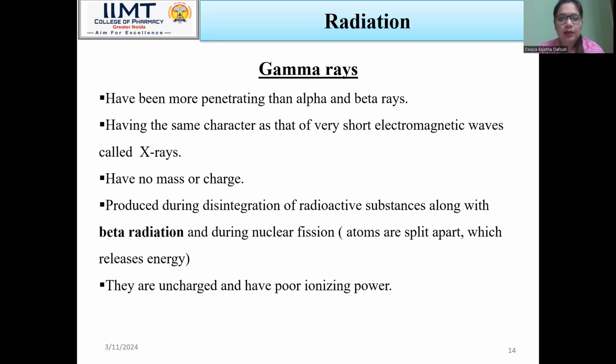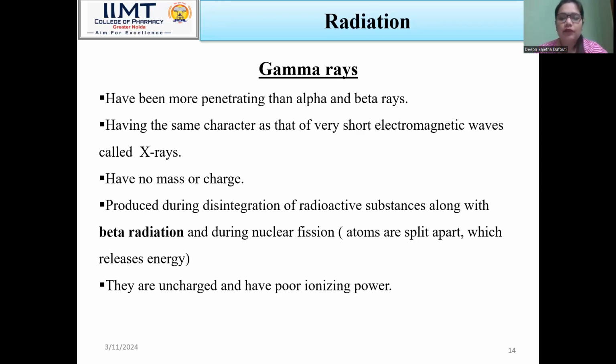And third one is gamma rays, which are more penetrating than alpha and beta rays. Gamma rays have more penetrating power as compared to alpha and beta and very poor ionizing power. Gamma rays have the same character as very short electromagnetic waves called X-rays.